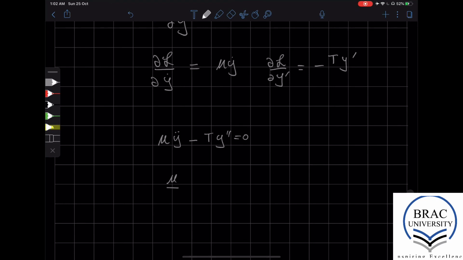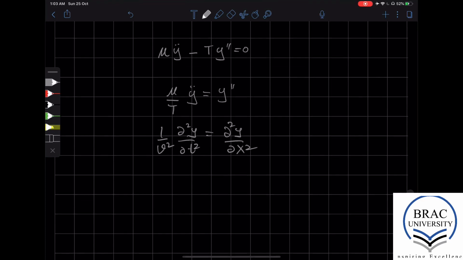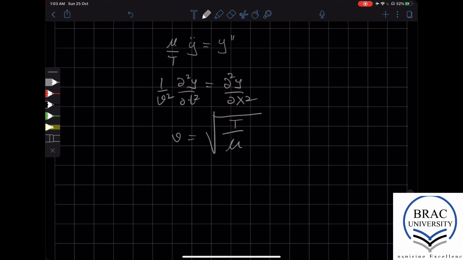mu over T y double dot is equal to y double prime, or we can write it more explicitly as del squared y by del x squared equals 1 over v squared times del squared y by del t squared, where v is given by the square root of T over mu, and v is the speed of waves on the string.